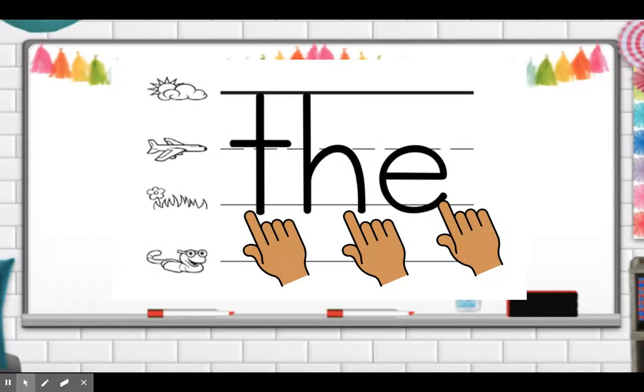So let's start on T, trace T, trace H, trace E, the. Let's do it again. T, H, E, the. One more time. T, H, E, the. Good. Now, if you want to keep those pieces of paper somewhere safe so you can keep practicing and tracing to remember how to spell and say these words.